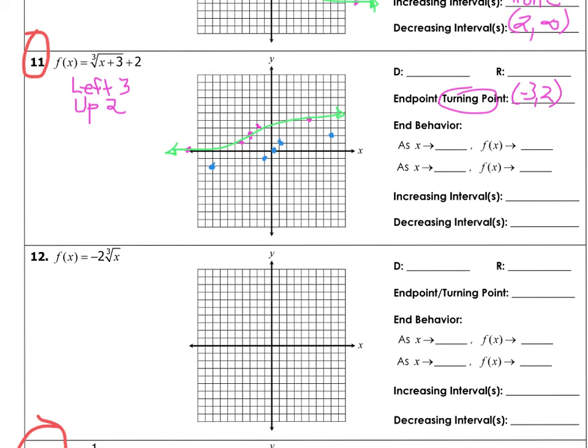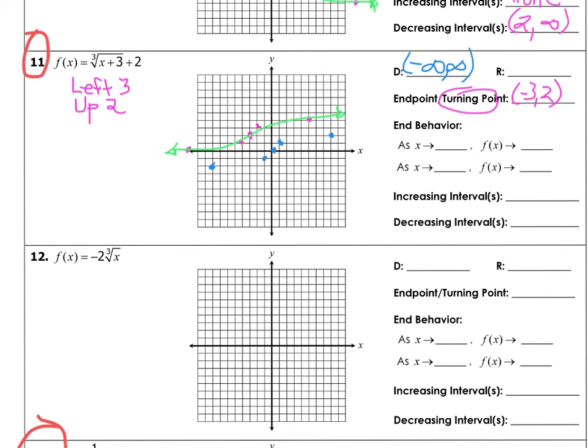Let's talk about our domain and range first, and then we'll do end behavior. For our domain, if I go from the left, this graph goes to the left forever and down forever. So left forever is negative infinity. Then it's going up and to the right forever, so that is positive infinity.